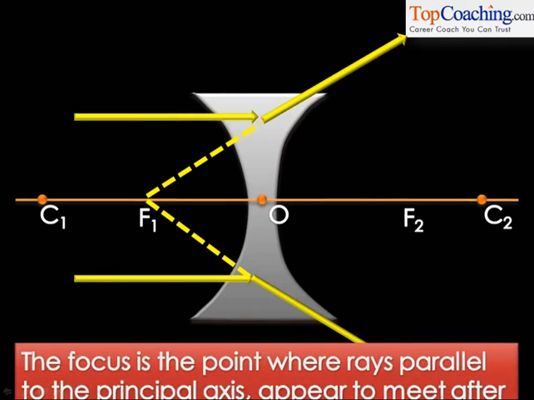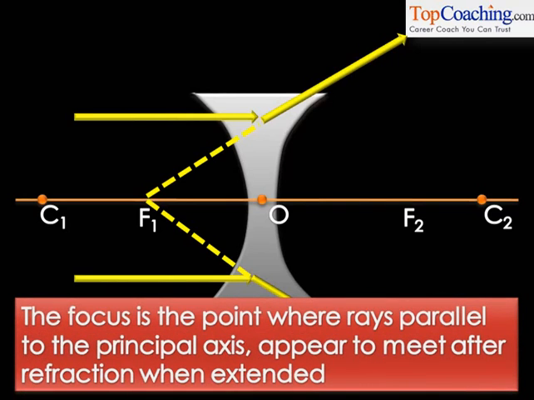Understood? So in the case of a concave lens, the focus is the point where rays parallel to the principal axis appear to meet after refraction when extended backwards. So the rays diverge, so they don't meet at the focus, but when you extend them backwards, they tend to come out from the focus. That is the focus of a concave lens.